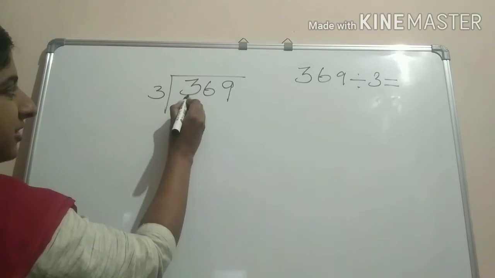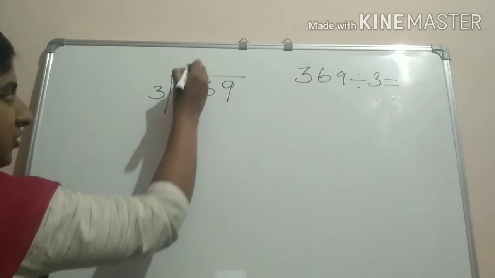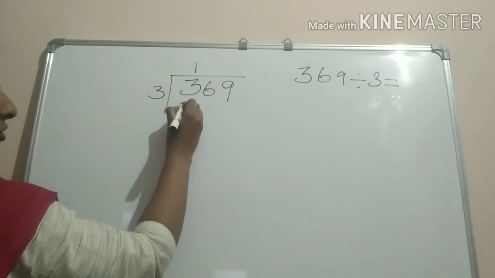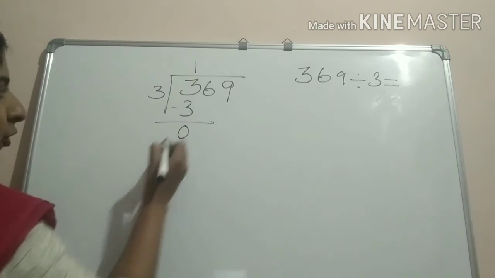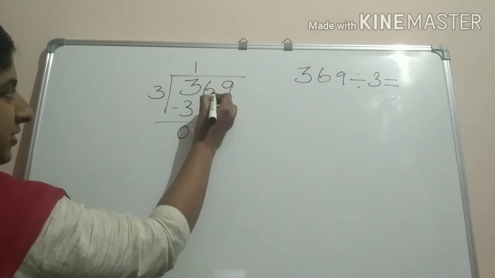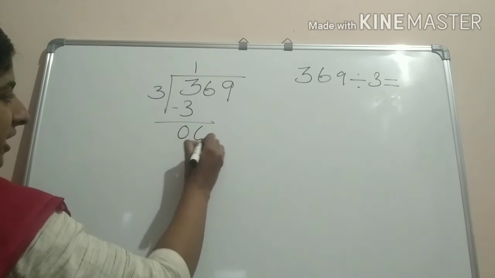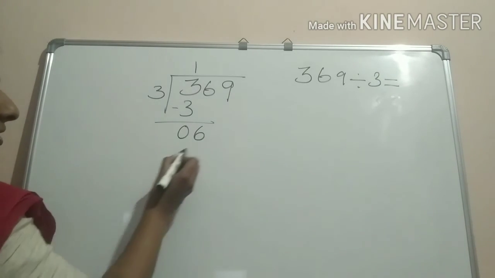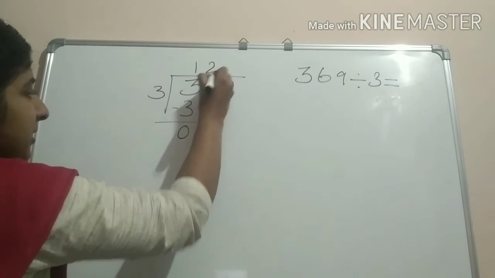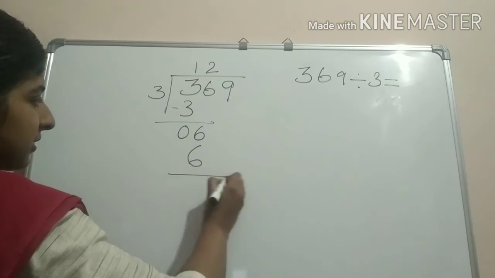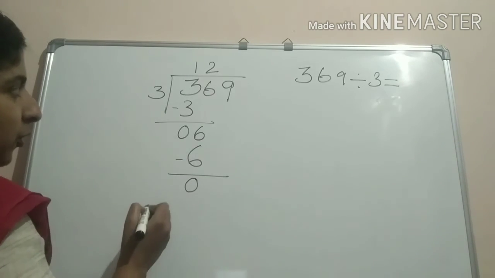First we take this 3 only. 3 has how many 3s? Only 1 3. 1 3 is 3. Then 3 minus 3, 0. Then we take the next number in the tens place, that is 6. 6 has how many 3s? 2 3s. 2 3s are 6. Then 6 minus 6, answer is 0.